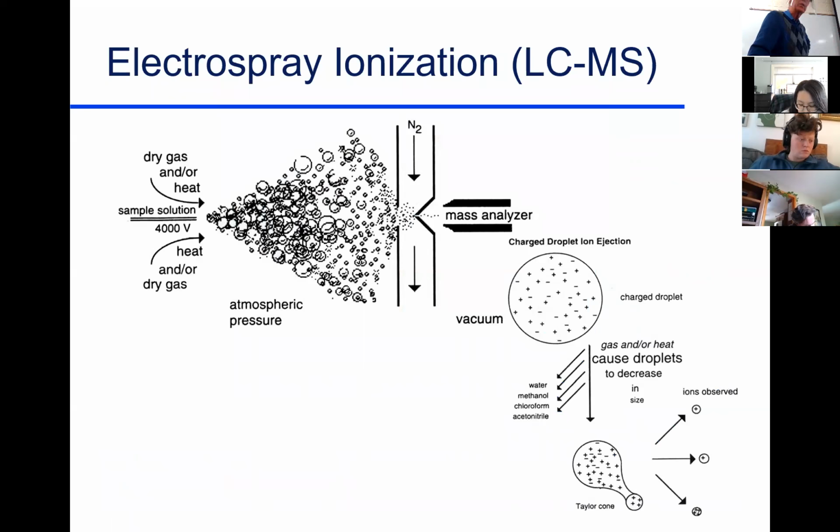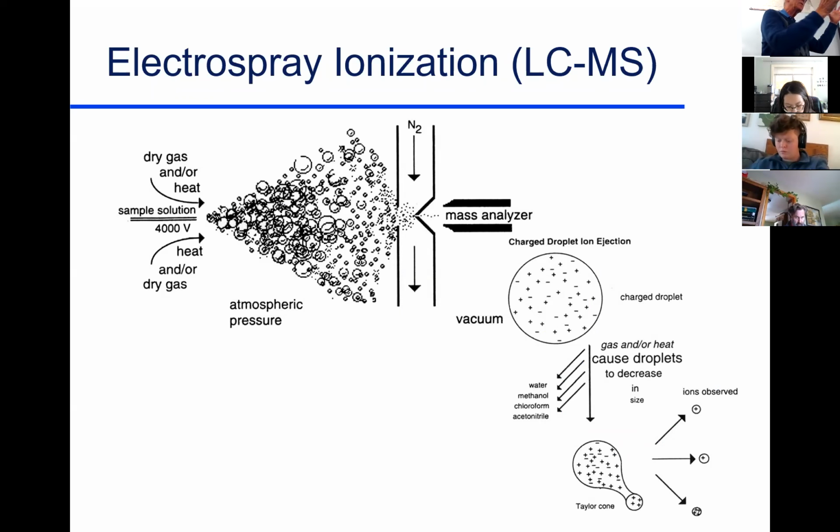This is the electrospray. Like I say, that's the workhorse of liquid chromatography. In this case, you've got your sample solution coming in, which can come from a liquid chromatograph, on our left. Where the sample enters the MS section, there's a tube that comes in with a potential of about 4,000 volts, so high energy.